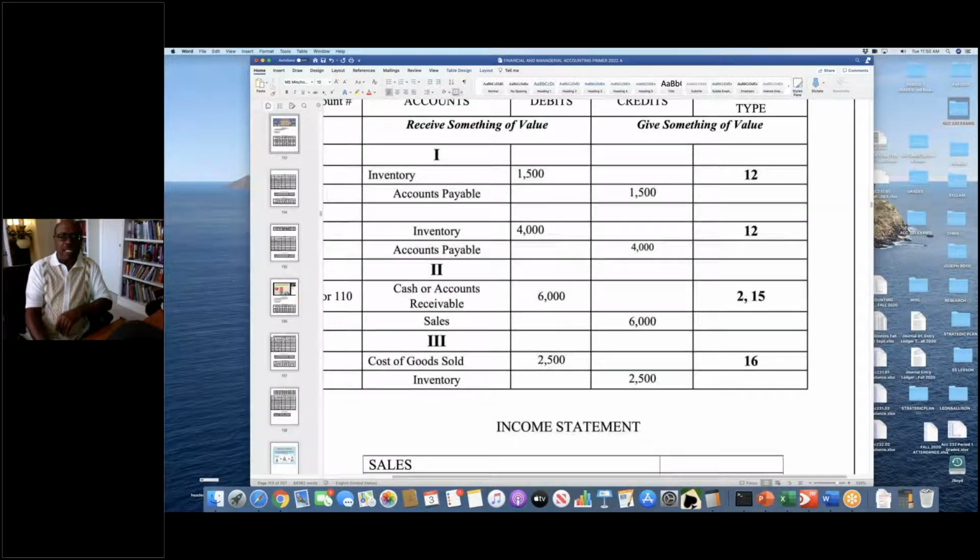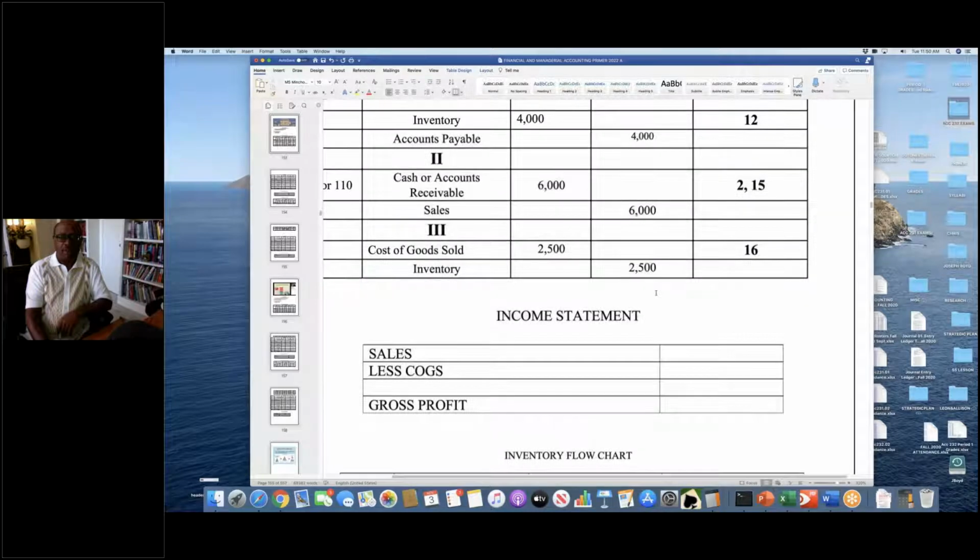How much money did we make on the shoes? We sold them for $6,000. They cost us $2,500. How much did we make on the shoes? $3,500. $3,500. See, students, it's all you got to learn.